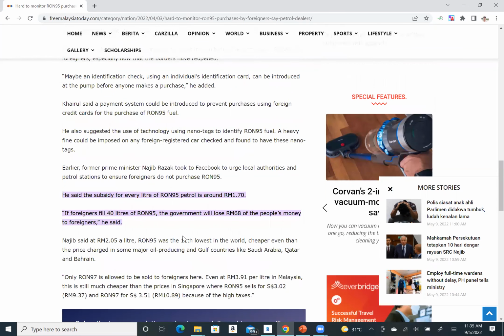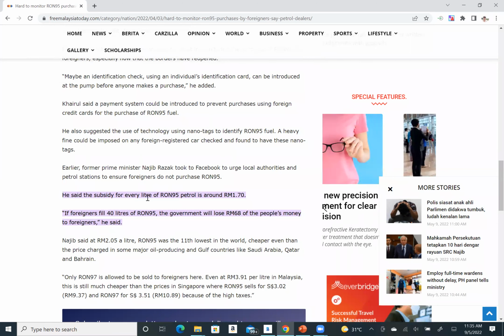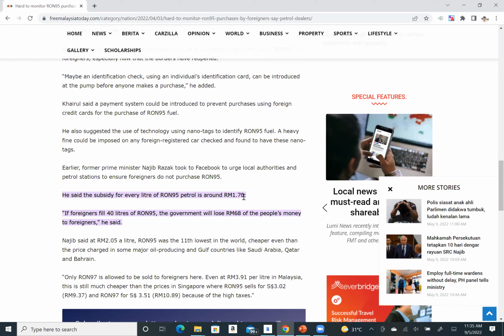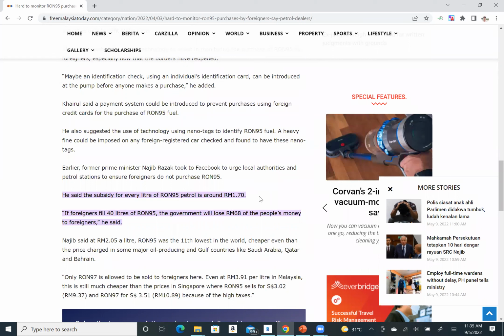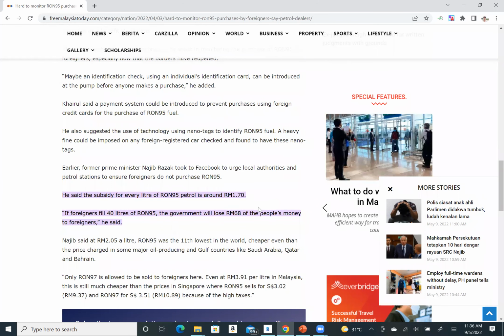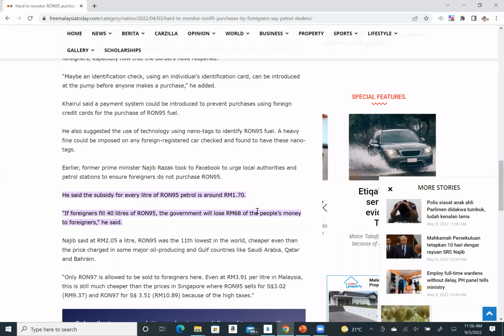What I want to focus on here is the subsidy for petrol, RON 95, per liter. It's 170 sen. We are paying 215 at the petrol pump, I think 215 is the latest.